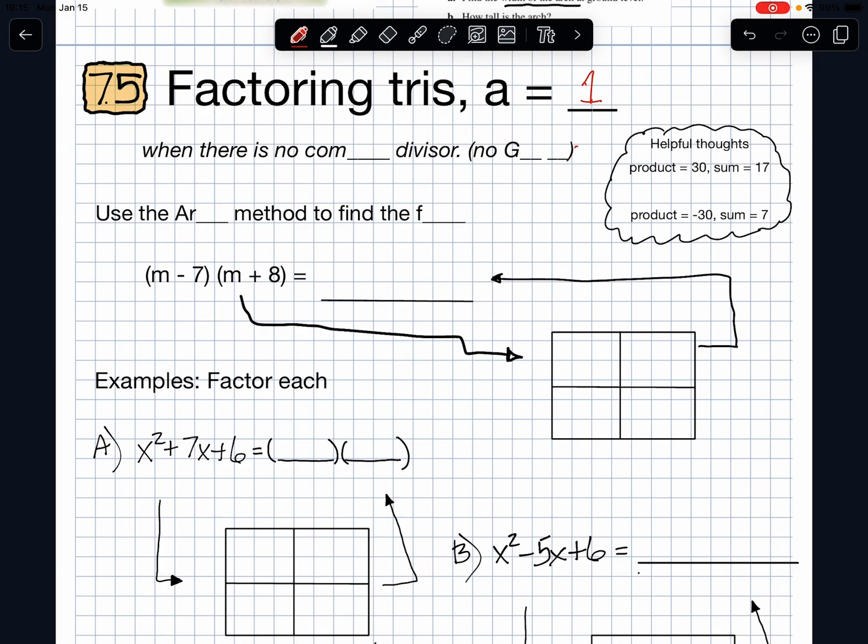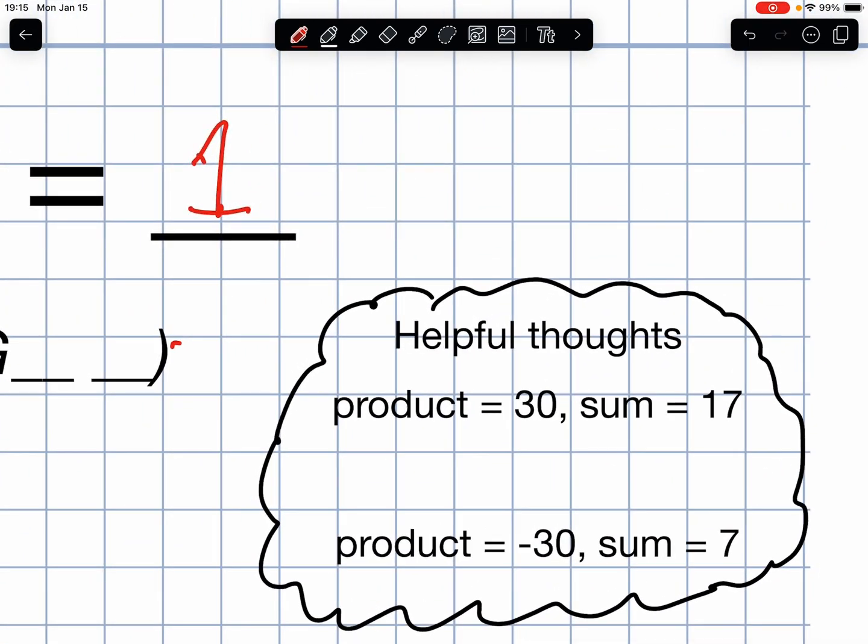What does this mean? It means that if your trinomial is written in this format, okay, so it's got a degree of 2, then a is the leading coefficient, and that's kind of the most important one. So we're going to start with coefficients that have a 1, which means that there won't be a 1 there most of the time.